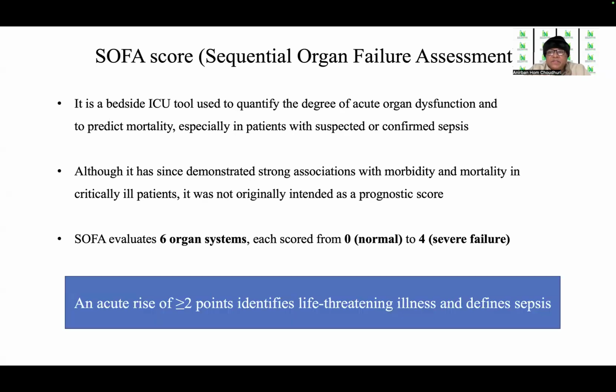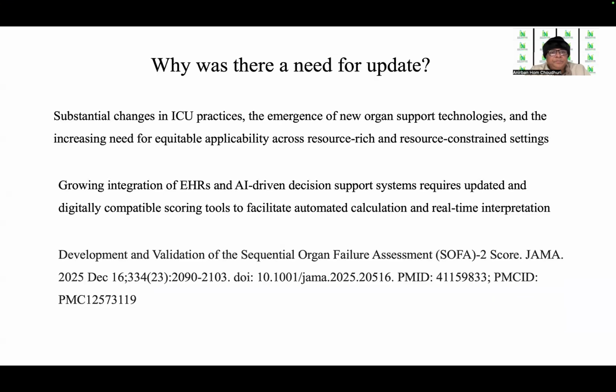And as per the Surviving Sepsis Campaign, an acute rise of greater than or equal to 2 points identifies life-threatening illness and defines sepsis. This is what we have all been using so far, this knowledge was applied during assessment of patients when the SOFA score was calculated.